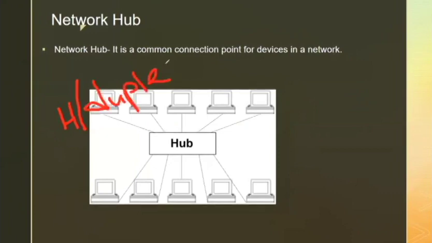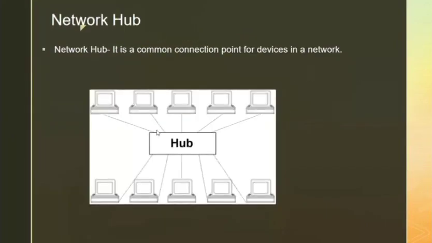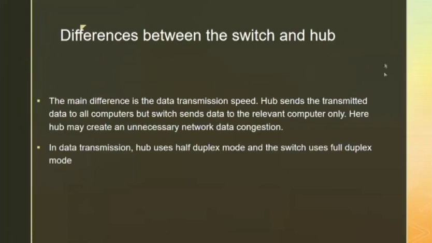That means the data can be transmitted both ways but not at the same time. So the network switch is also faster than the network hub. So those are the two differences between the switch and the hub. Here you can see the differences between switch and the hub.